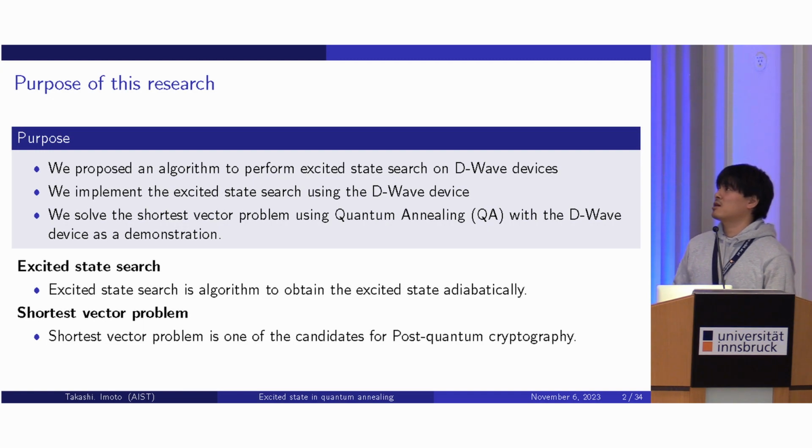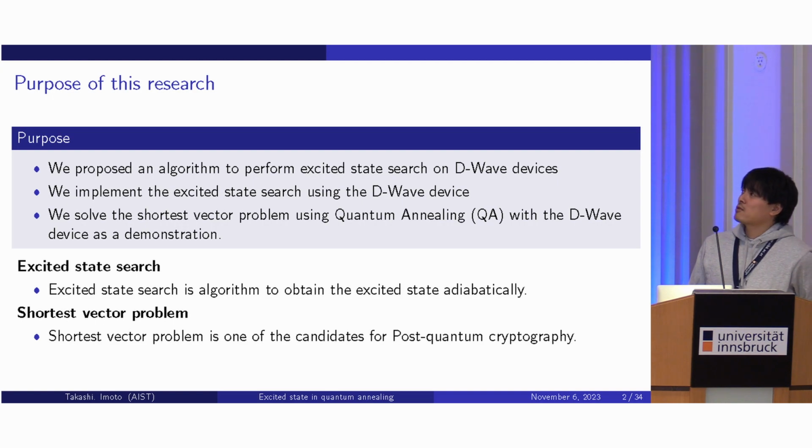We consider, for example, the first excited state or the second excited state. Finally, we solved the shortest vector problem using quantum annealing with the D-Wave device. That's a demonstration of our scheme. The shortest vector problem is one of the candidates for post-quantum cryptography.